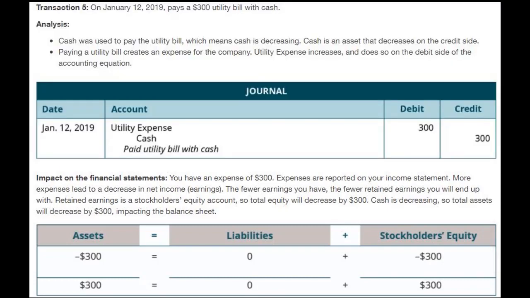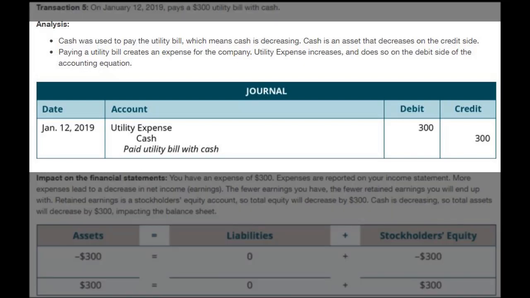How do we express that in debit and credit format? Well, if an asset decreases, we call it a credit. And therefore, in the journal entry, we are crediting cash by $300. By the way, when we write journal entries, debits are never indented, credits are always indented. Value is also going down by 300.